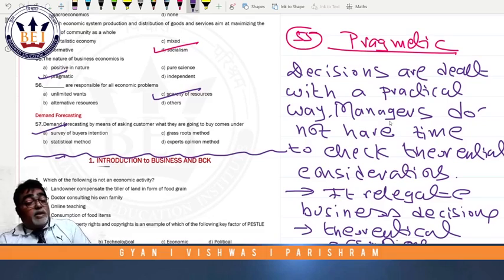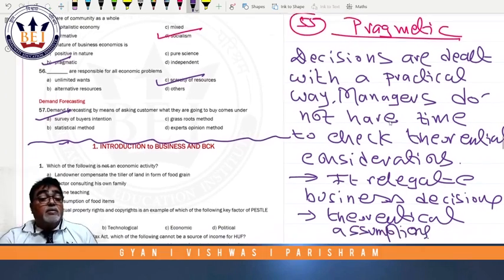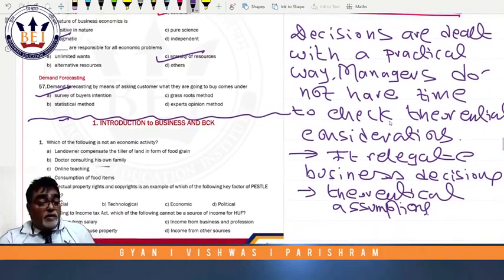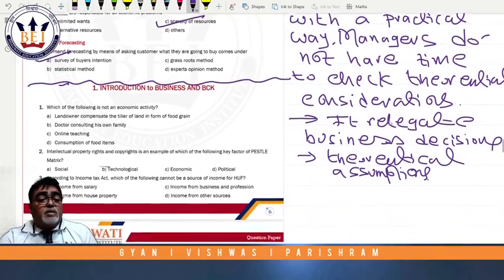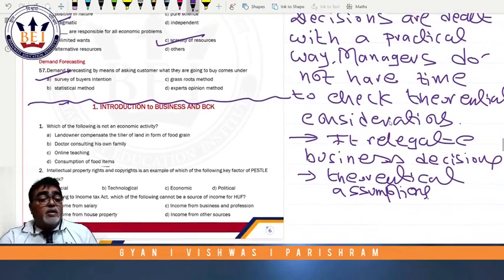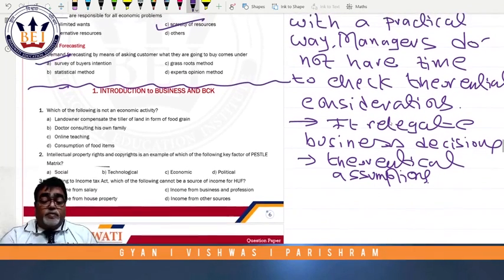Had it been for capitalist, objective would have been profit, pragmatic, combination of theory and practical, mostly practical they emphasize. 56 simple 30 years old question, scarcity, demand forecasting, Ahmedabad.